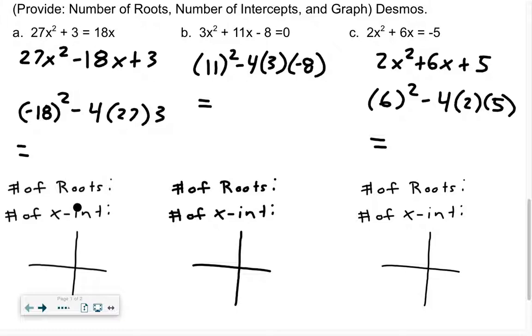My junior and senior year, it's kind of funny.